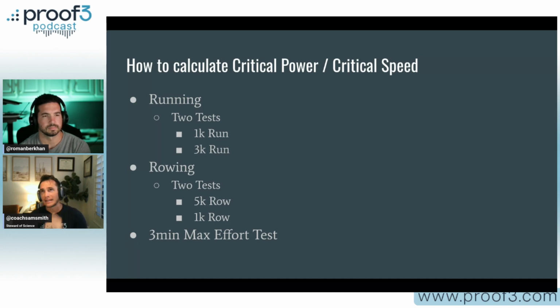Like 95% of the time, you're going to be working at a rate that falls around critical power or below it in the heavy intensity domain. You're not usually working above it in longer pieces of work. If it's a short sprint, that's different. But for 10, 15, 20-minute pieces, the pace you're picking is usually in the heavy domain, which is going to be right below critical power, critical speed, depending upon your fitness level.